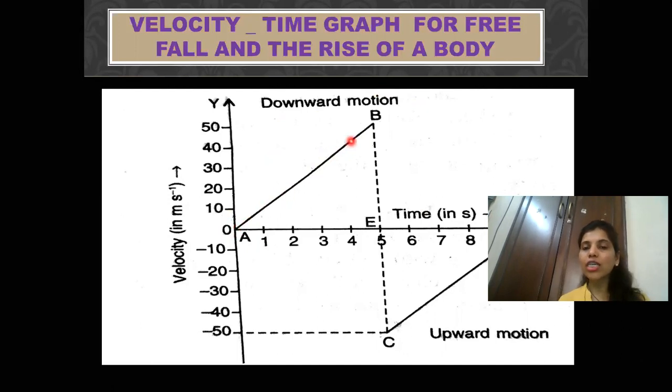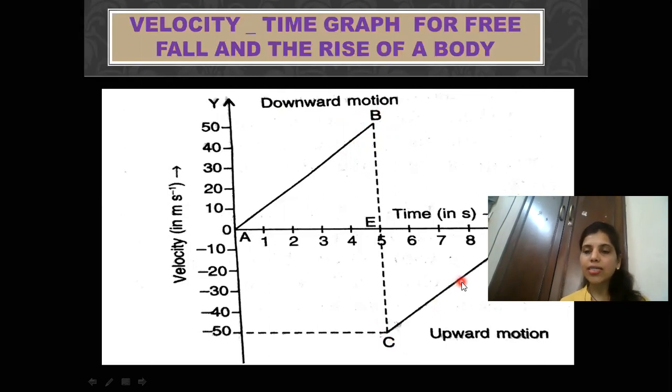So its velocity increases and becomes a maximum of 50. It bounces on the ground at that time. When it touches the ground, after that, from the maximum velocity, it goes in the upward direction because it is bouncing off the ground and getting bounced back. So it is now moving in the upward direction.